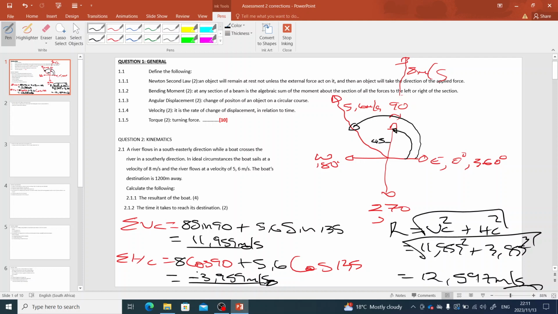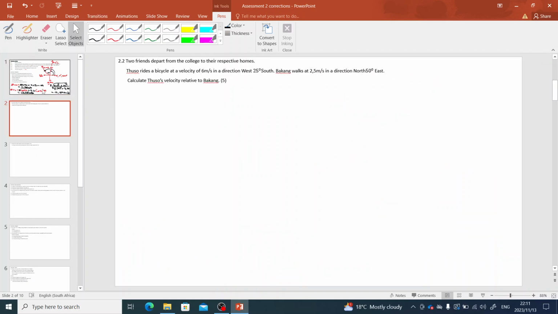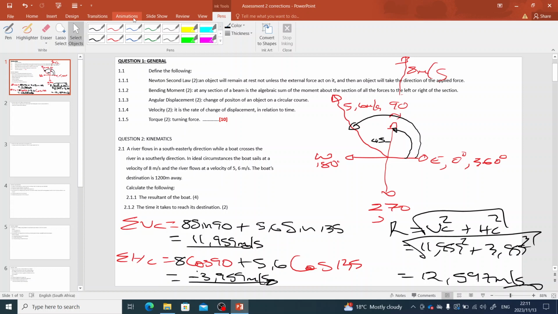Now, in determining the direction, we said that the signs of your vertical component and your horizontal component will indicate the position of your resultant. In this case, you can tell that we have a positive vertical component.